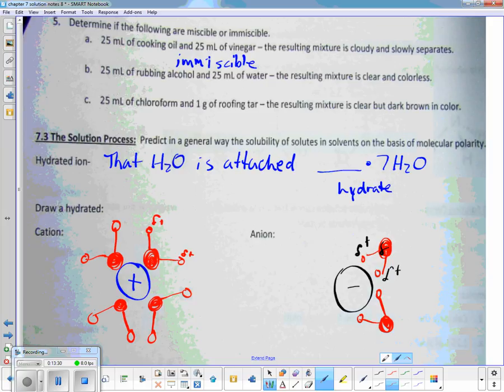I got that one backwards. Actually bring my hydrogens in. Okay, so it actually would orient that way. All right, moving on.